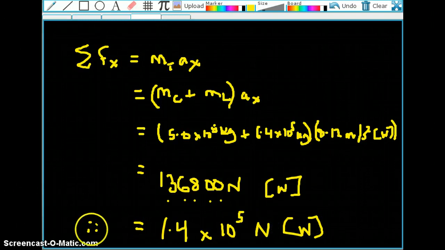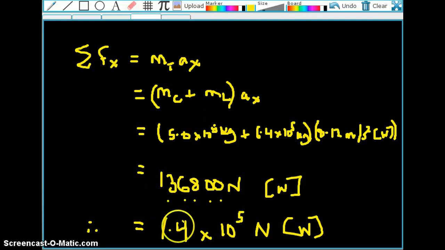So that's how you would give your final answer for part A: the net force on the entire train is 1.4 times 10 to the 5 newtons. So there we go, super easy. We got part A figured out, so let's move on to part B.